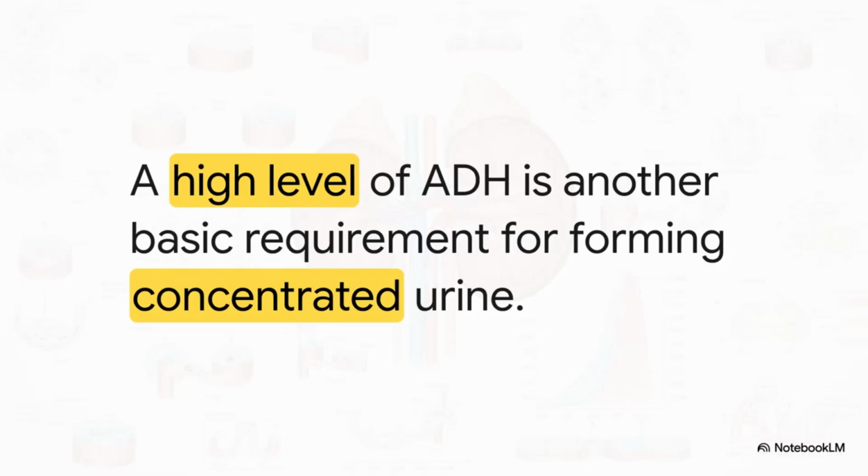Now, having a highly concentrated, salty medulla just isn't enough on its own. A high level of ADH, or antidiuretic hormone, is the next basic requirement for forming concentrated urine. Without high ADH, that beautiful osmotic gradient we just spent all this time building in the medullary interstitium is essentially useless, because the final segments of the nephron simply won't physically interact with it.